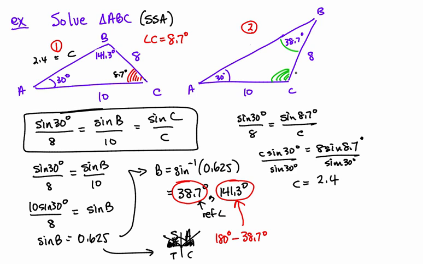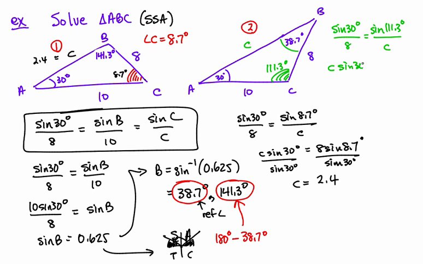In fact, it'll be 180, take away 30, take away 38.7, and this one will be the largest angle, actually down here, of 111.3. And so now I'm going to do this exact same work. It'll be sine 30 degrees over 8, but now my C will be 111.3 over C, and I'll be solving for this missing C up here in green by cross multiplying.